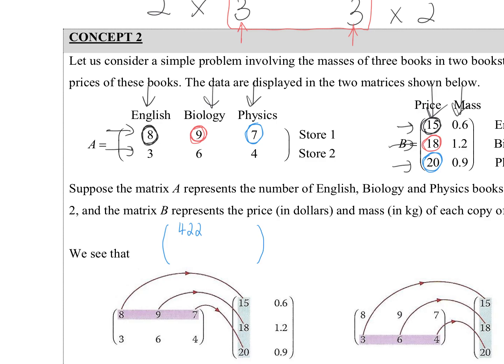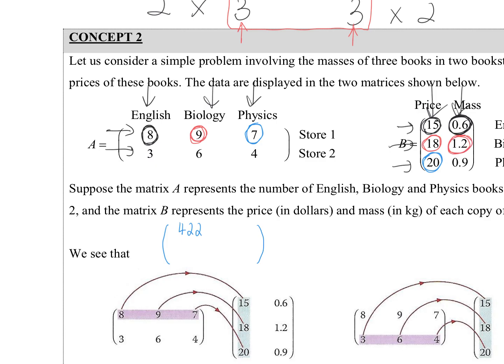But now, I'm also interested in finding the total mass of these 3 books in store 1. So what will I do? I will use this 8 to multiply by 0.6 grams or kg, depending on what the unit is, right? And then I will use 9 to multiply by the 1.2.